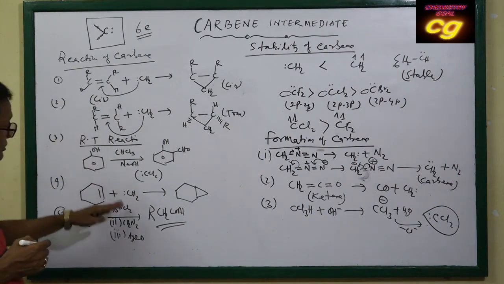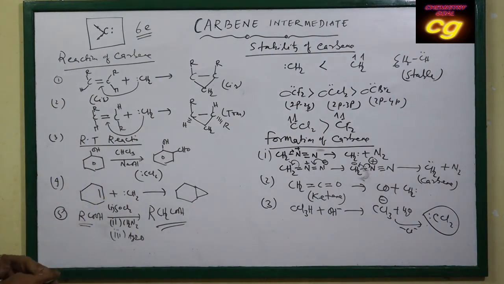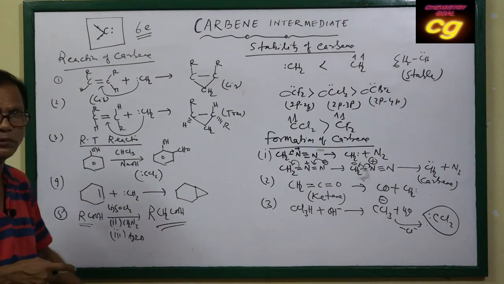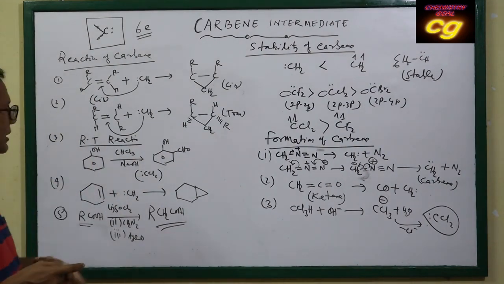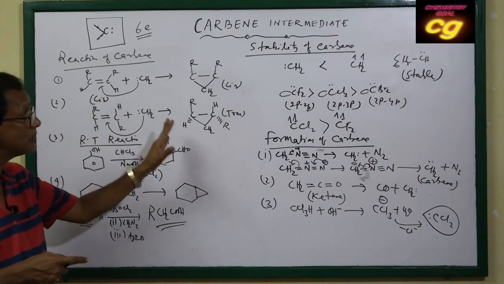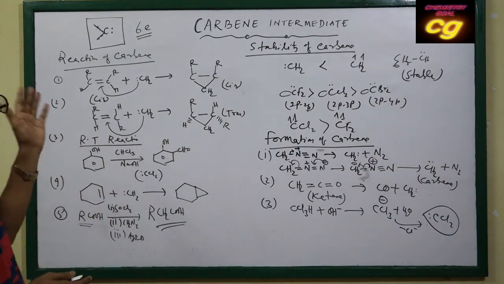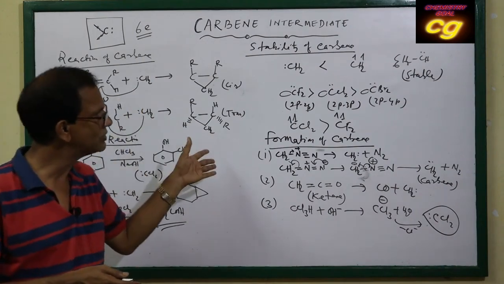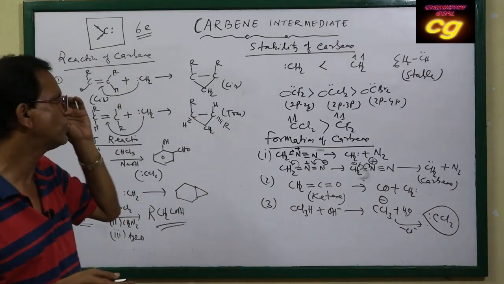So these are some applications of carbene. Carbene can be used in the formation of organic compounds, in the expansion of rings, and also in the formation of new cyclic compounds. So these are some important reactions, and also the stability of carbene, formation of carbene, and structure of carbene.